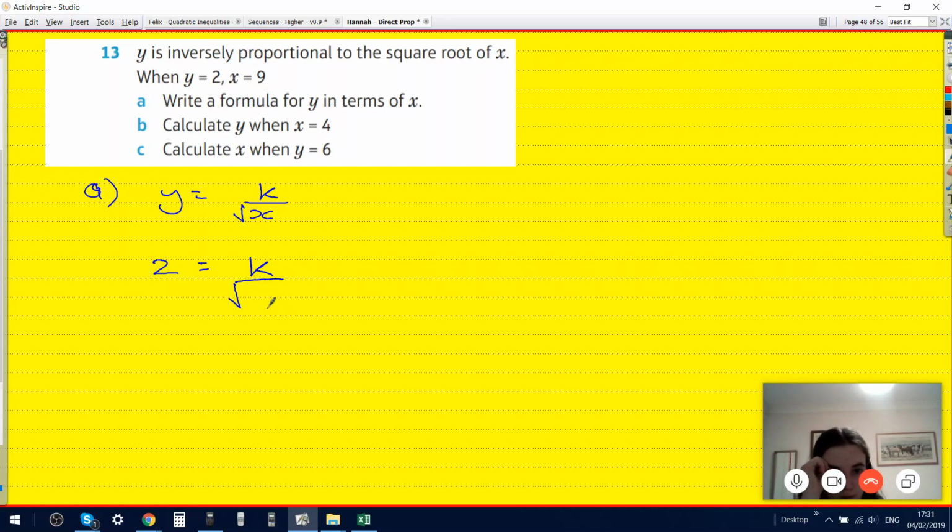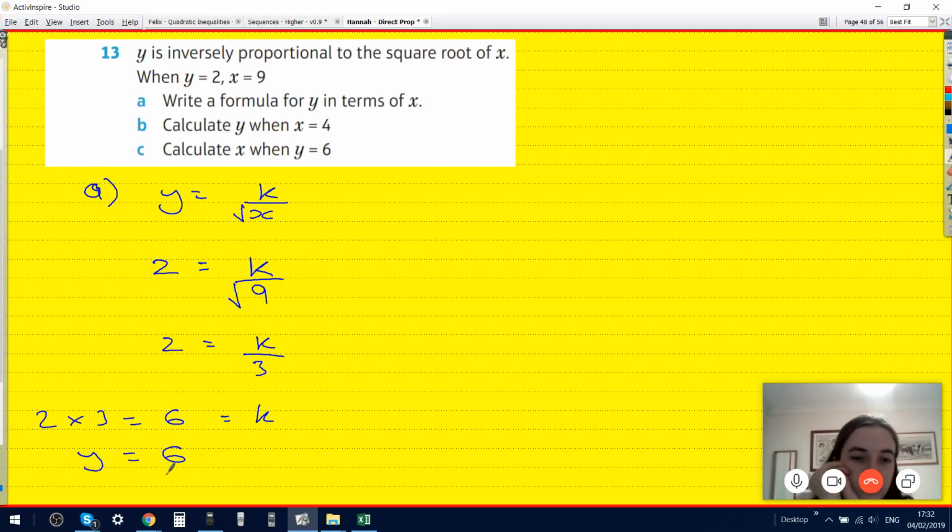What is it? 9, which is 3. And then 2 times 3 is k, which is 6. So then y equals 6 over root x.